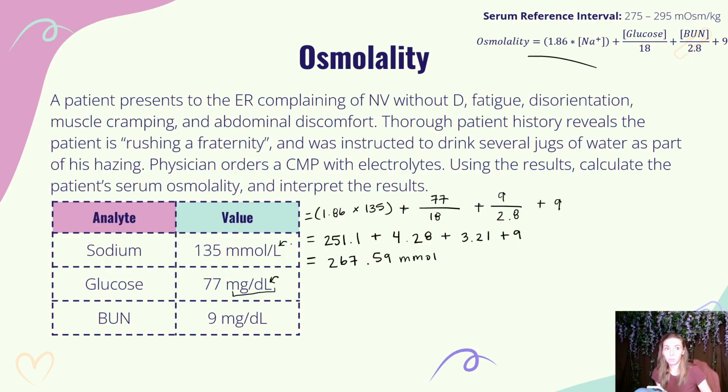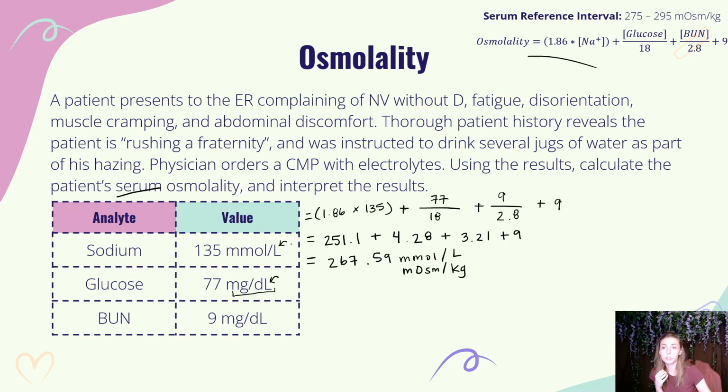millimoles per liter. You may also see it written as milliosmoles per kilogram. Either way, doesn't matter. Our reference interval for serum, because this is our serum osmolality that we're doing, and this is the values from our serum.